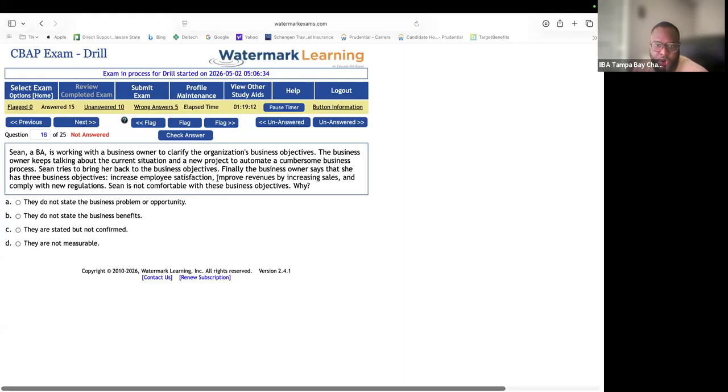Finally, the business owner says that she has three business objectives: increase employee satisfaction, improve revenues by increasing sales, and comply with new regulation. Sean is not comfortable with these business objectives. Why? They do not state the business problem or opportunity. They do not state the business benefit. They are stated but not confirmed. They are not measurable. Just take a few moments to reflect and come back.